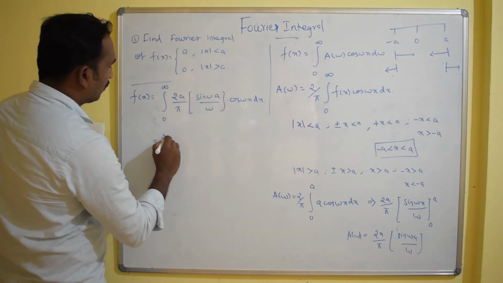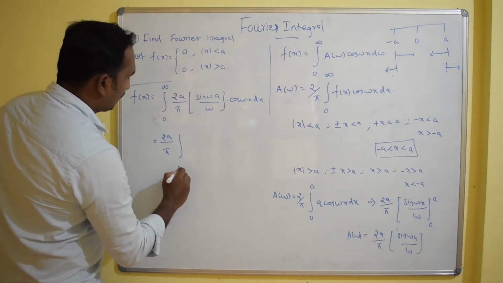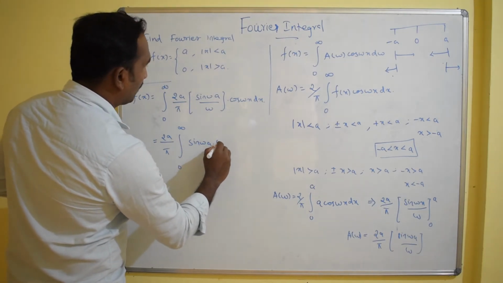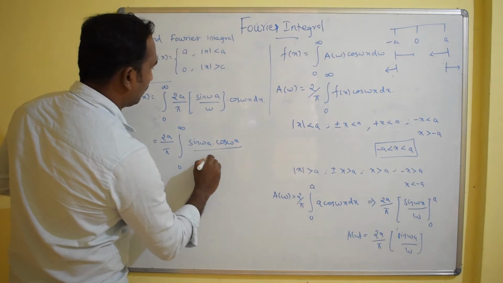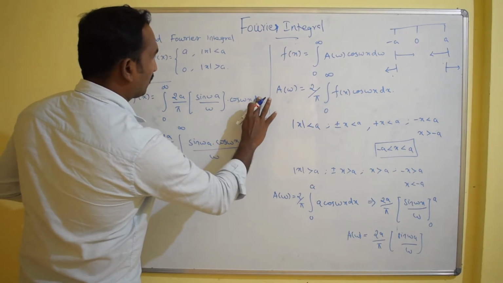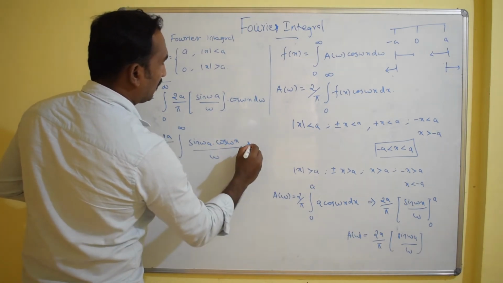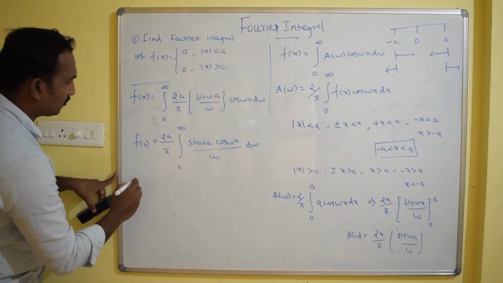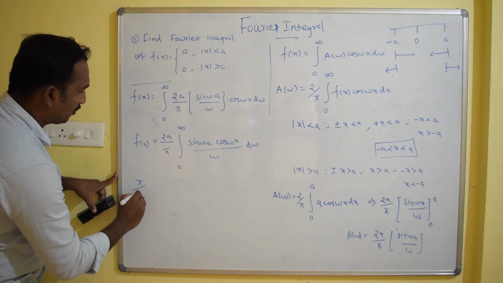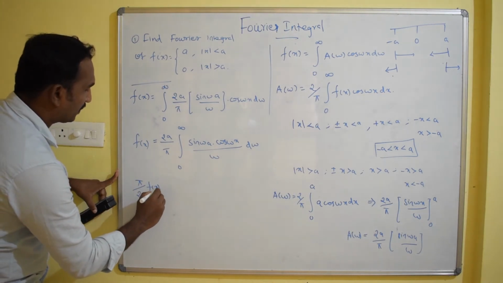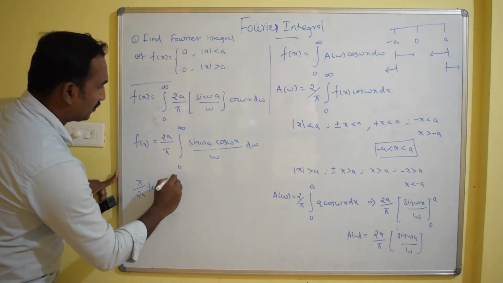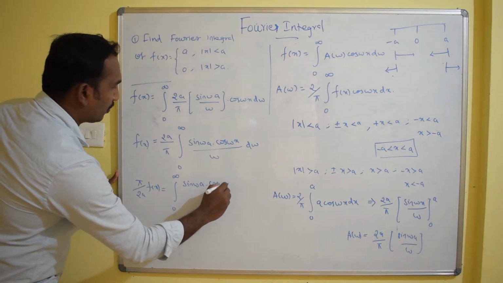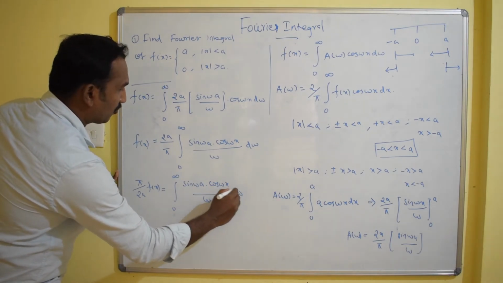So we have 2a by pi times the integral from 0 to infinity of sin omega a into cos omega x divided by omega d omega, and this is f of x. Now bring this term here. So what you will get? Pi by 2a into f of x is equal to the integral from 0 to infinity of sin omega a into cos omega x divided by omega d omega.